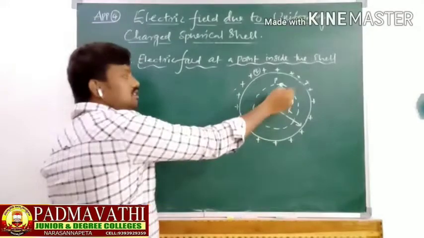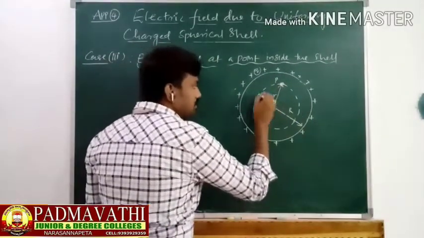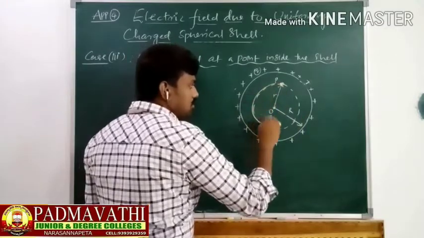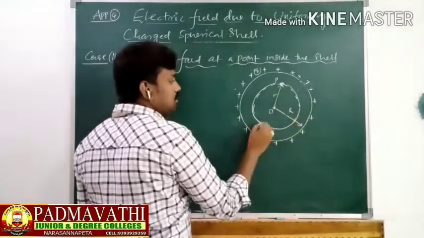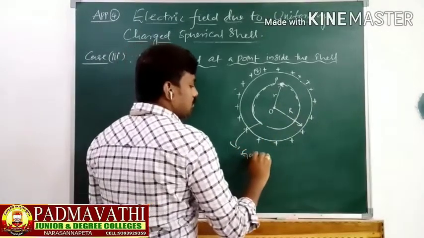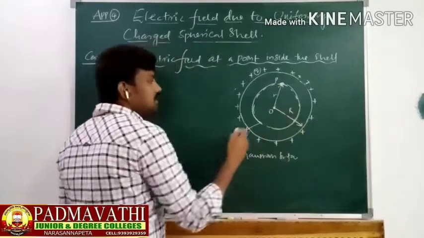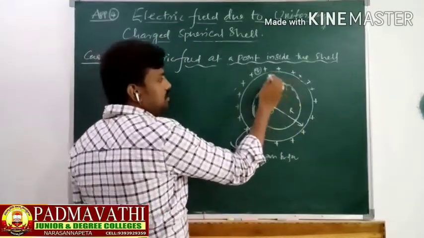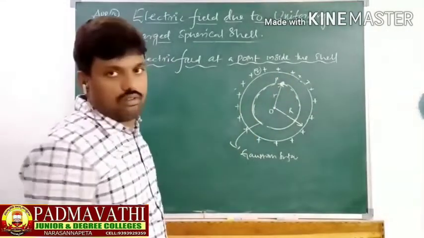Is there any charge enclosed in this particular Gaussian surface? So in this Gaussian surface, there is no charge at all. As there is no charge at all, how can it give an electric field at point P?